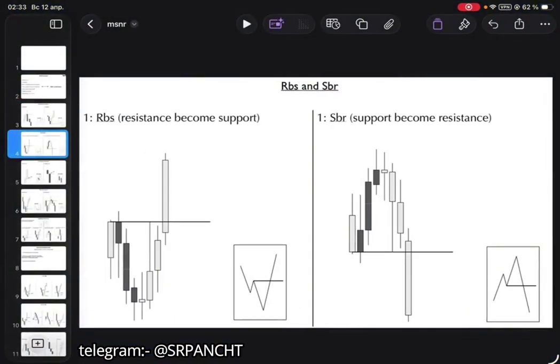Okay, next up, RBS and SPR zones. RBS is resistance becomes support, and SPR is support becomes resistance. Okay, let's look at how they are formed.